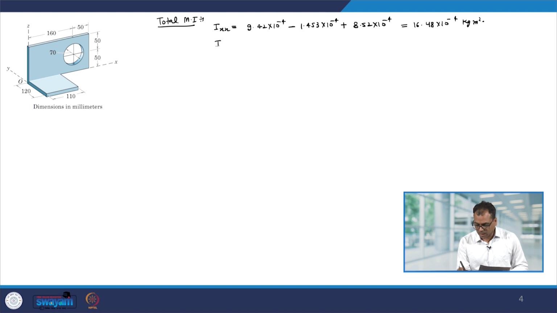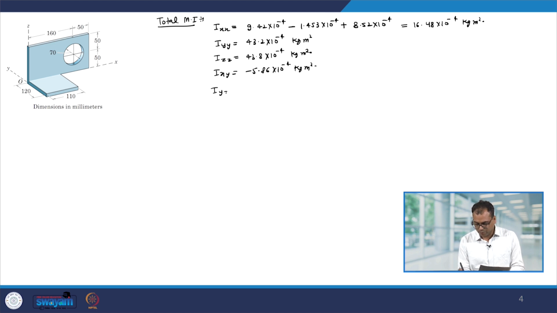Similarly, Iyy comes out to be 43.2 into 10 to the power minus 4 and Izz comes out to be 43.8 into 10 to the power minus 4 kg meter square. And the product of inertia Ixy comes out to be 5.86 into 10 to the power minus 4.